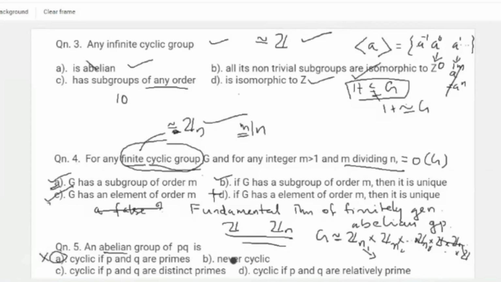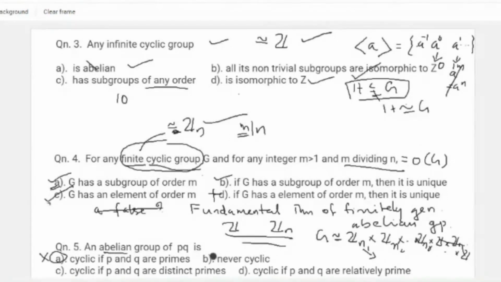Then what about option B? It is never cyclic. Never cyclic means it is not cyclic for any p and any q. Can that be true?